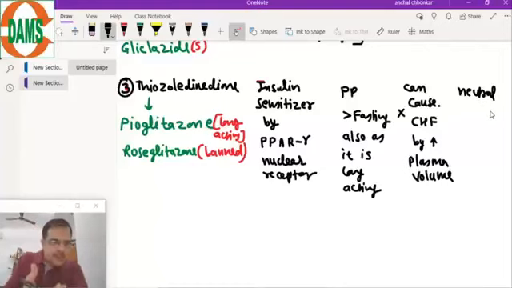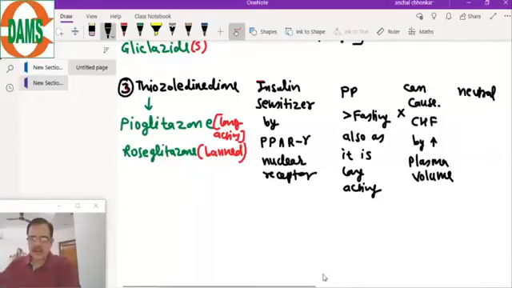It does not prevent the progression of kidney disease. It is not beneficial for kidneys. So hypoglycemia is out. Now the cardiovascular effect can cause CHF by increasing the plasma volume, and they are neutral on the kidney.